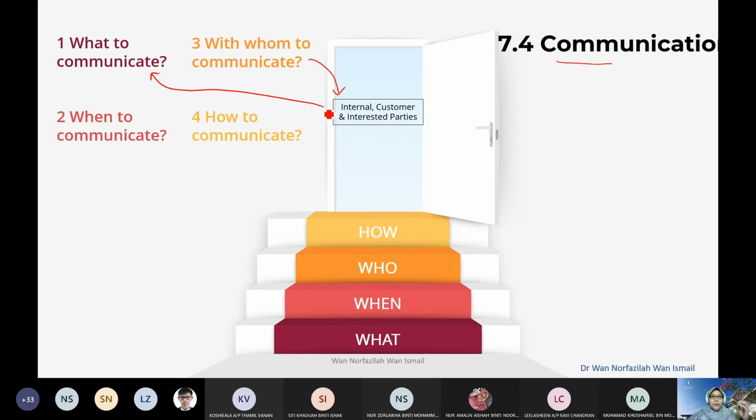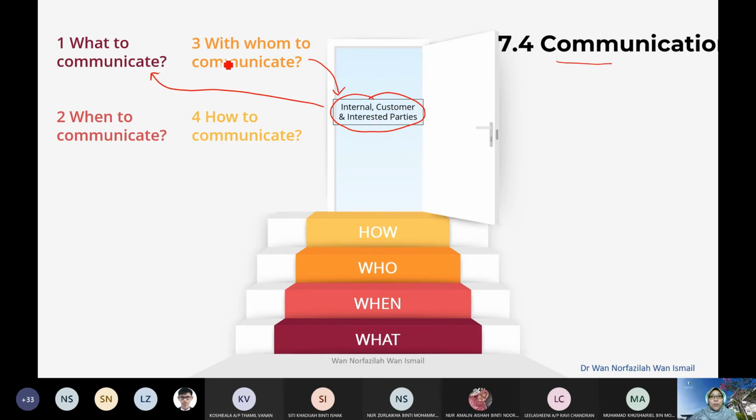Okay, sometimes for example, quality policy. Quality policy, internal dengan interested parties can know about the quality policy, then you can communicate with them, when and with whom, which are all these, because it is quality policy. Quality objective pun boleh communicate dengan semua orang. Tapi kalau results yang company A, boleh tak you bagi tahu company B result company A? Tak boleh kan?